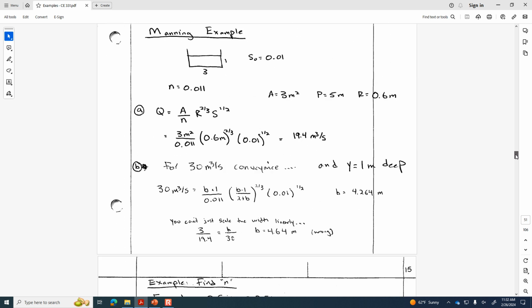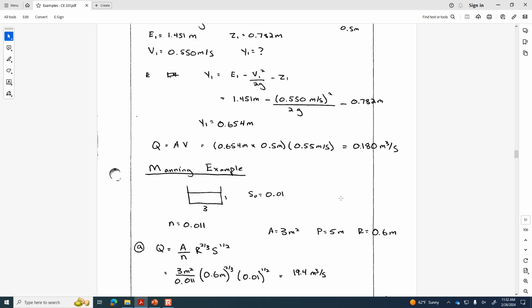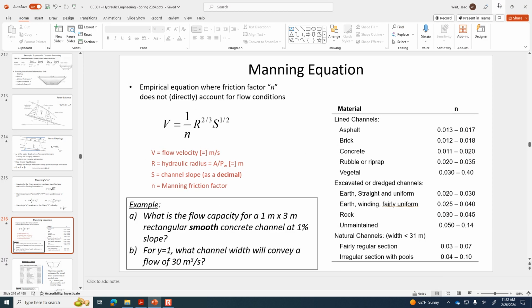Well, I had a much better looking example that I did today, but I don't know if OneDrive updated this file. So I'll do it on the whiteboard instead.